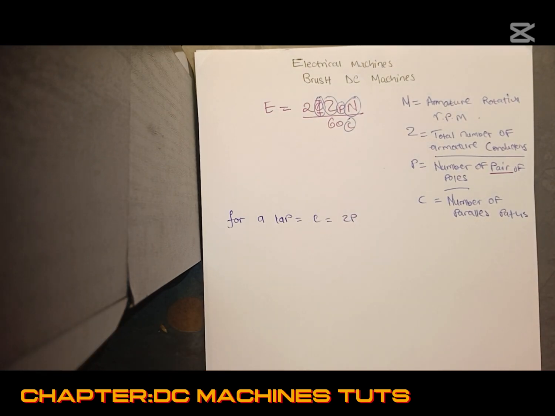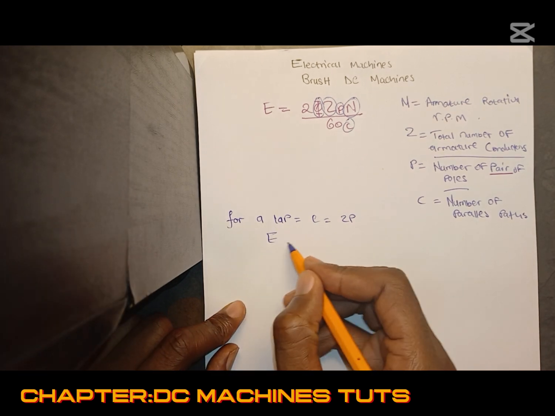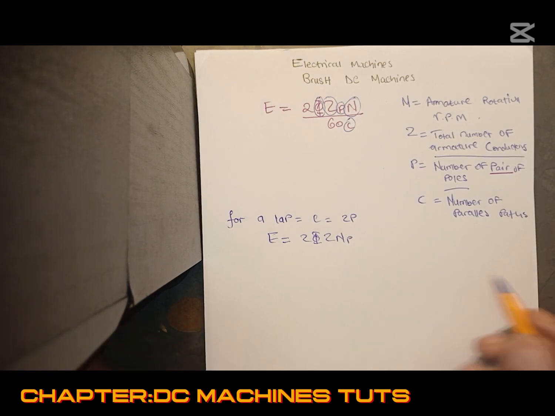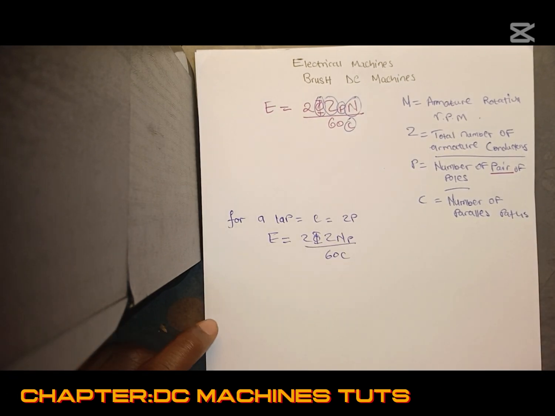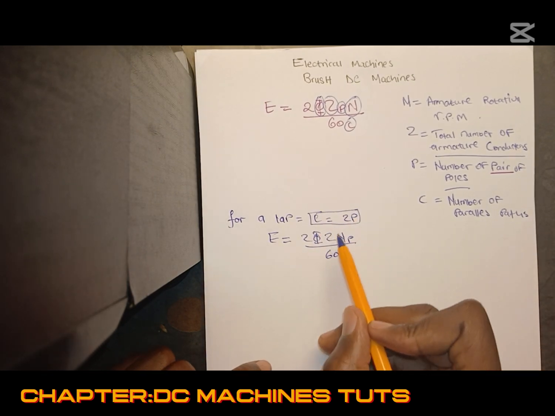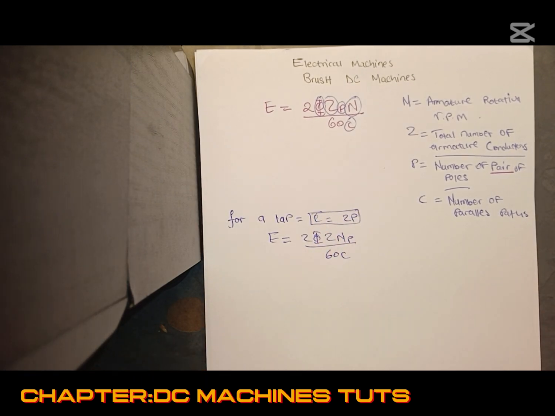That's for a lap. C is equal to 2P. Then let us take our main formula, divided by 60C, right? Now we have to substitute this, because now we are talking about a lap. And don't worry guys, I'm going to do tutorial questions for you. Now I'm trying to introduce you to formulas, then from there I'm going to do all the tutorials for you.